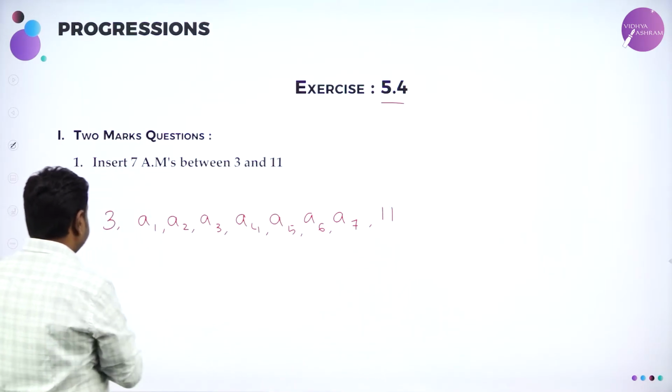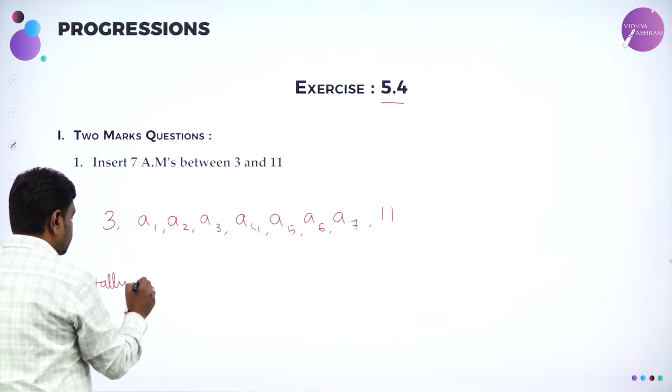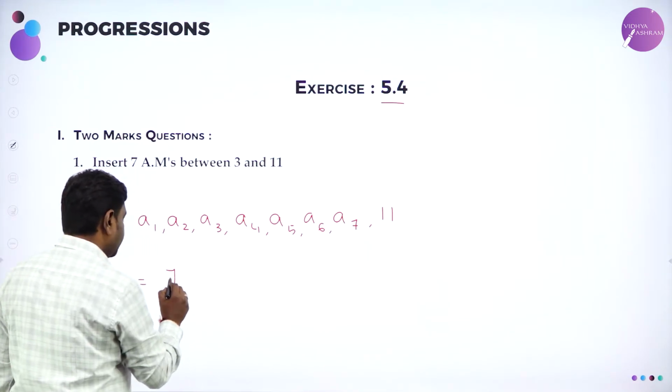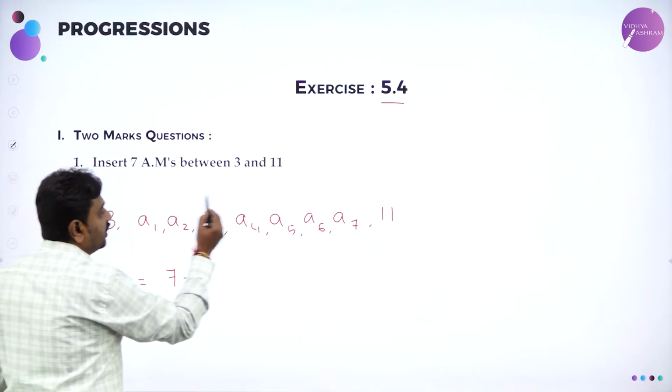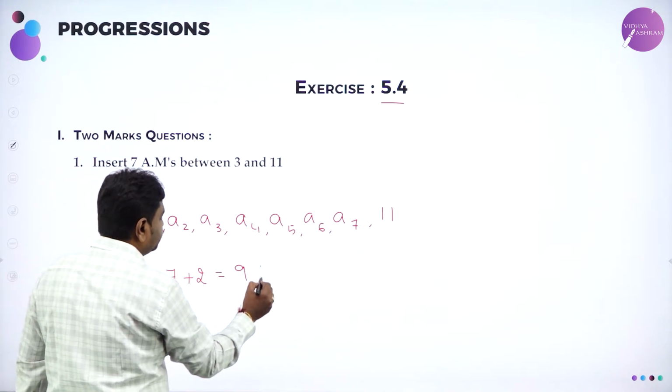So totally, see here I am introducing 7 terms in between, plus 3 and 11. There are 2 terms, so totally there are 9 terms.